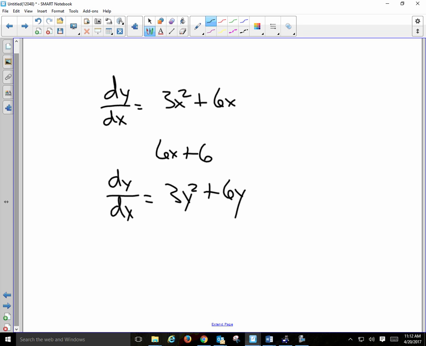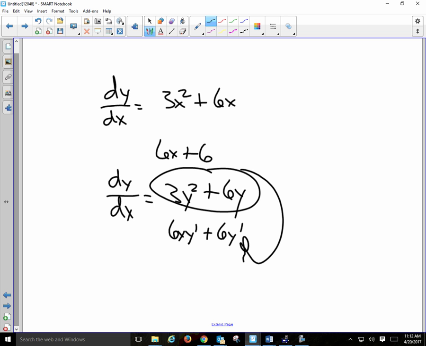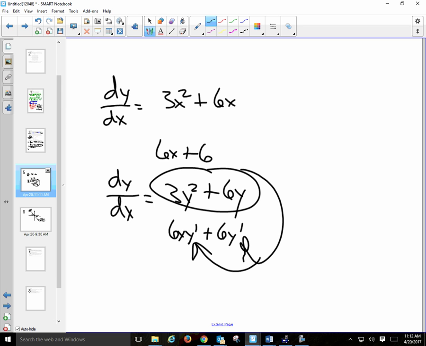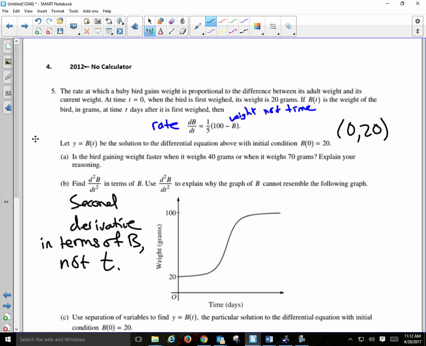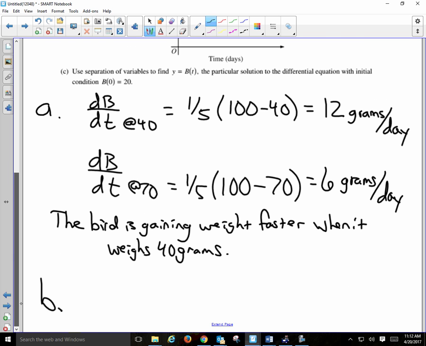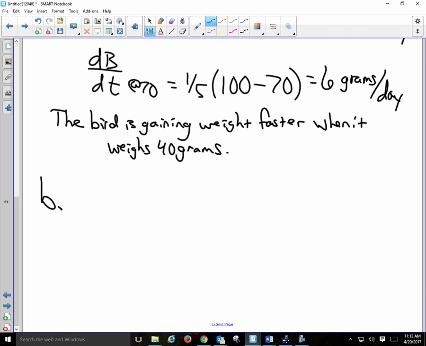What's the second derivative? 6y prime plus 6y prime. And you would gather, this is y prime, right? So you would take that and plug it in there and plug it in there in order to get it in terms of y. So we have to understand what the problem is asking for, and that's what got me in trouble. I knew something was up, and I just didn't want to slow down and go through it. That's my own fault, and I made a mistake.